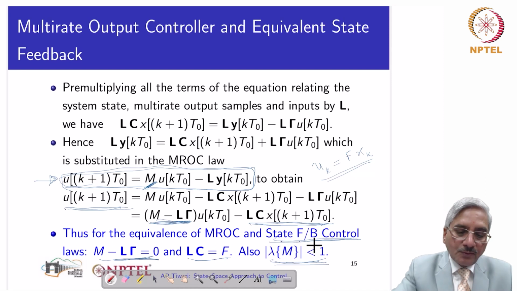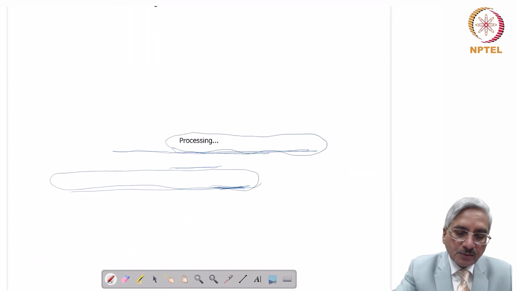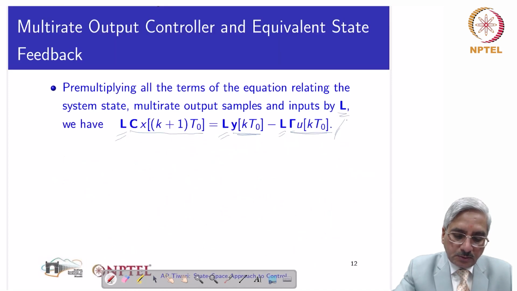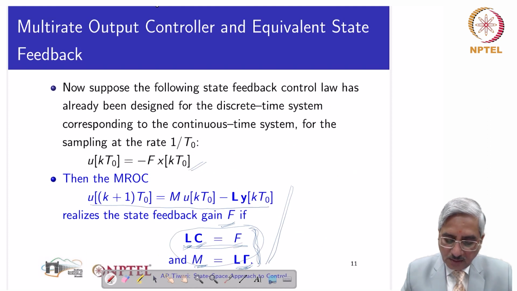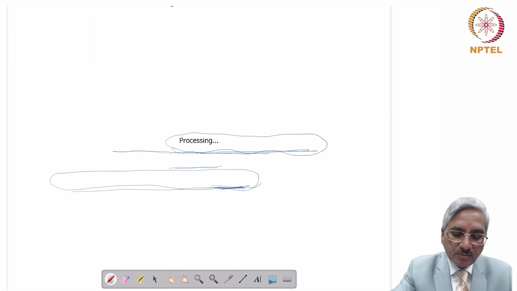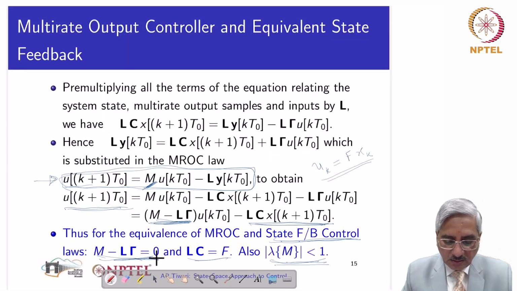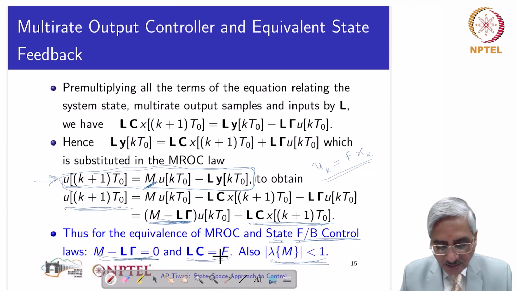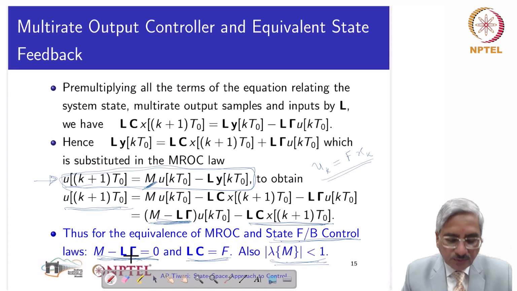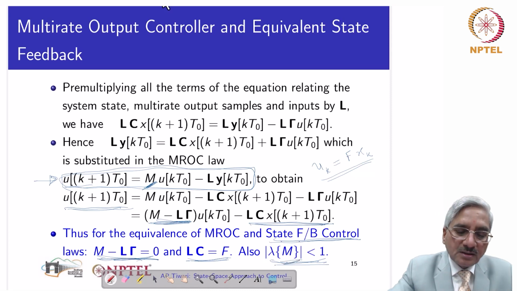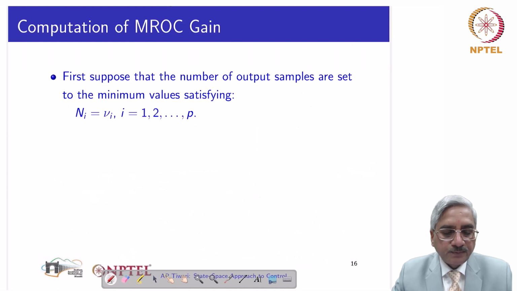Then we have this. This is what we wanted to prove. So I am going back. This is what we wanted to prove. So we get that in very few small derivations, which I just now explained. So LC equal to F is the basic design equation, and M equal to LΓ, subject to M representing a stable system.